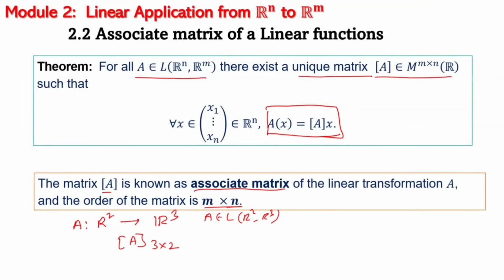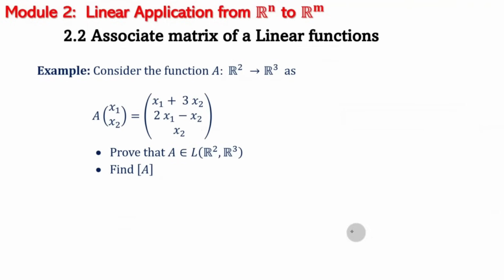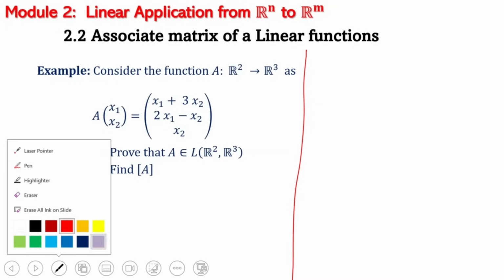We will do one example where we will try to find the matrix form of the function. First we will show that the function is linear, and then we will find the matrix of this linear function. So let's have the solution here.